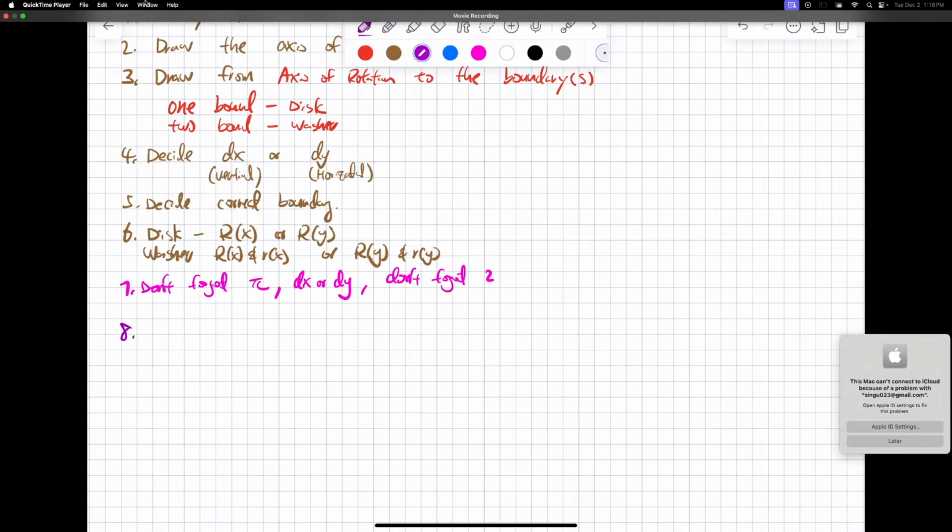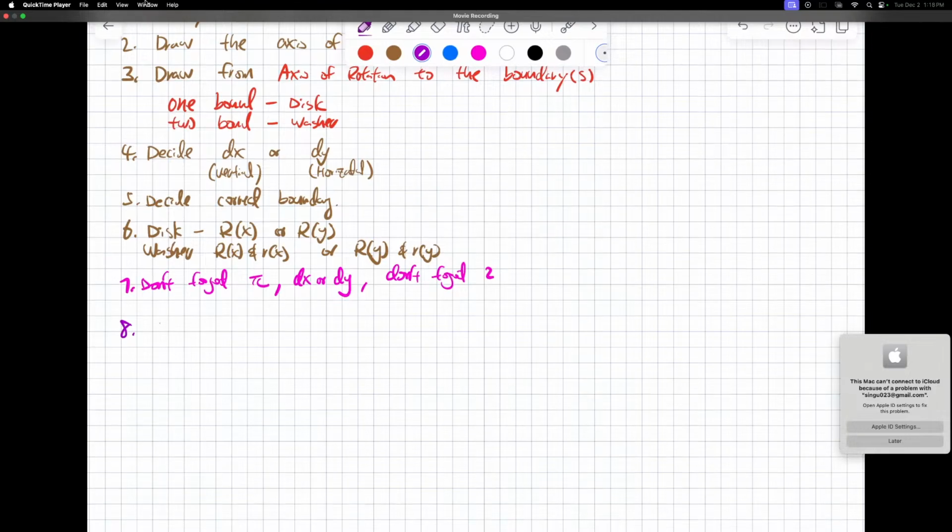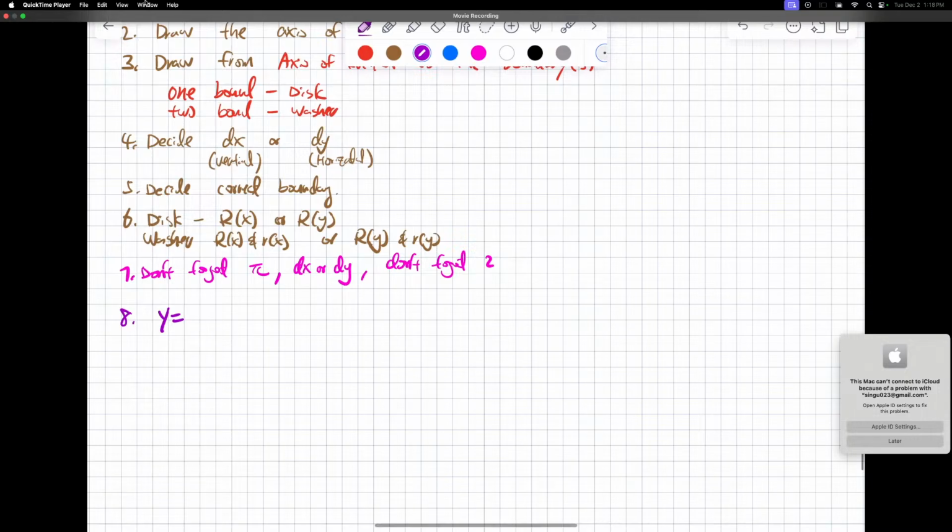This is a very, very confusing idea, which is when you deal with off-axis rotation, this is actually kind of difficult. So if you ever have y equal to something, let's say y equal to x squared, or f of x equal to something, this represents the distance from x-axis to boundary.